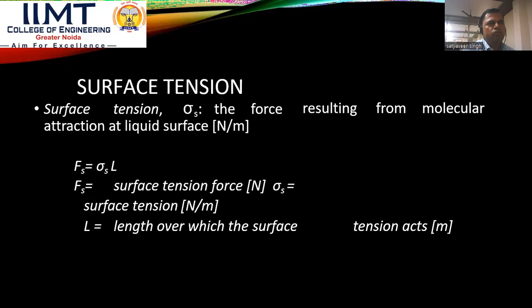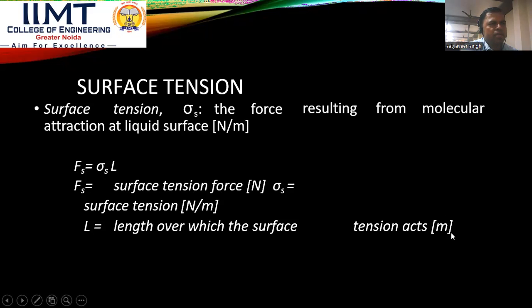If we have to find the surface tension mathematically, we can understand the basic concept. Sigma S is the surface tension, Fs is the surface tension force, and L is the length over which the surface tension occurs.